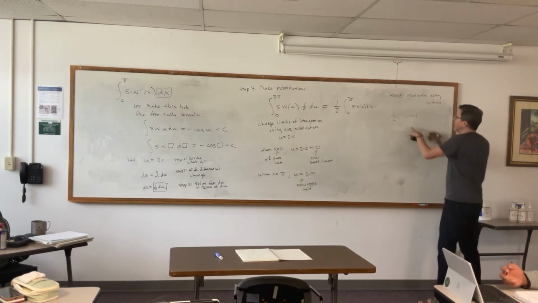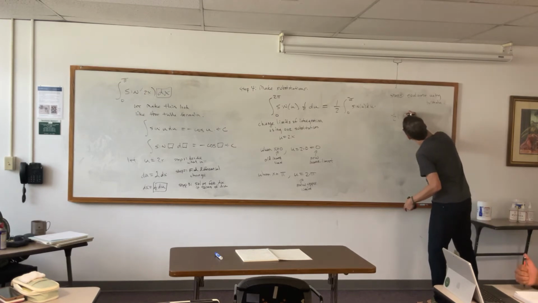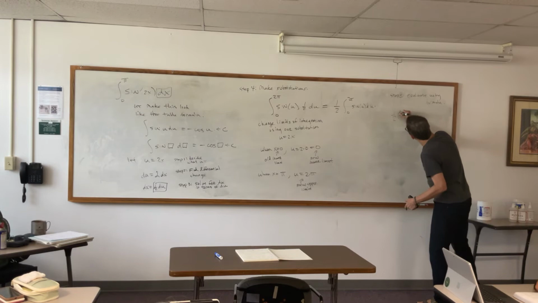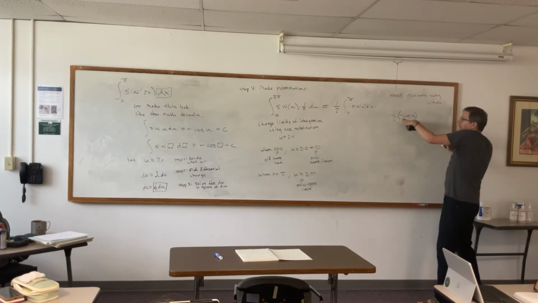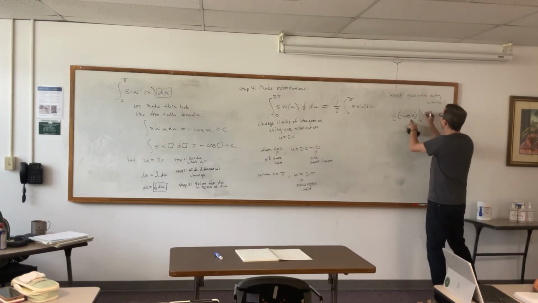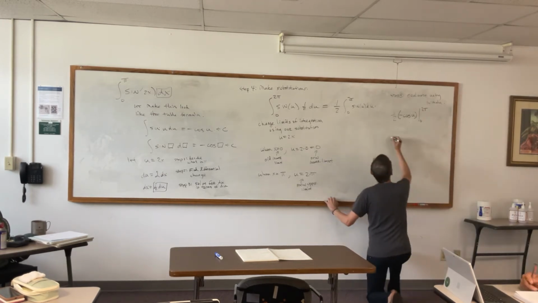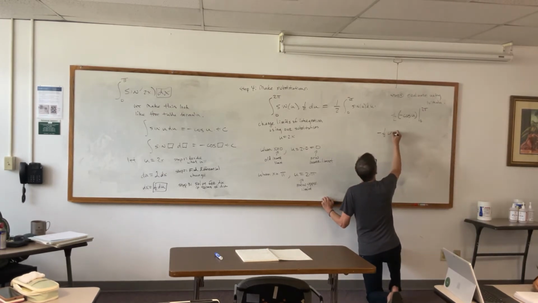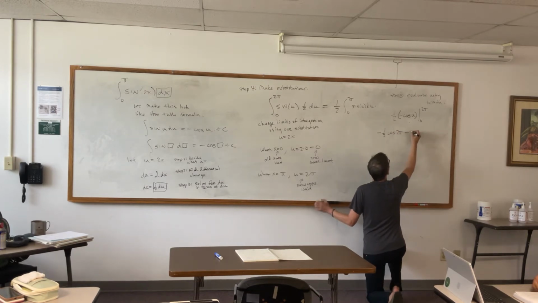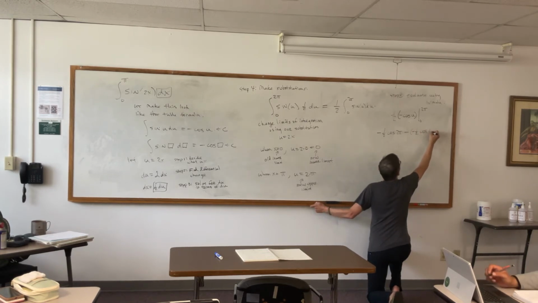So I'm sticking with u. Sorry, it's a little hard to see because I didn't get to WD-40 this part of the board. So that is 1/2 times negative cosine evaluated from 0 to twice pi. Plug in the limits. So that's negative 1/2 cos 2 pi minus, because that's minus there, I gotta be careful. So negative 1/2 cos 0.